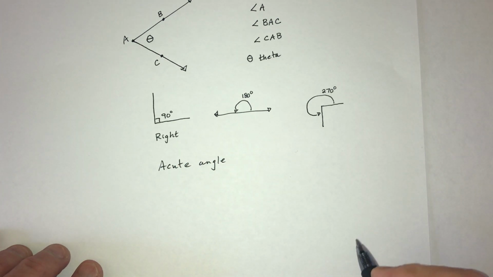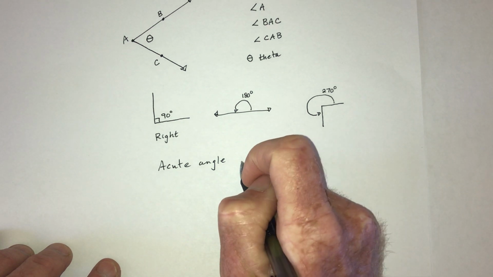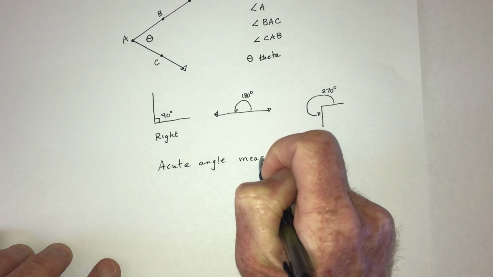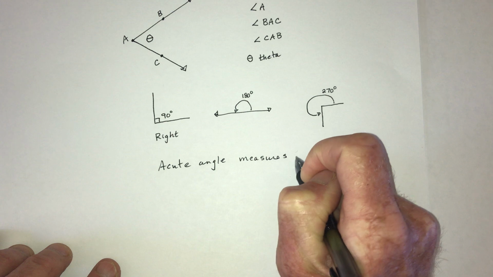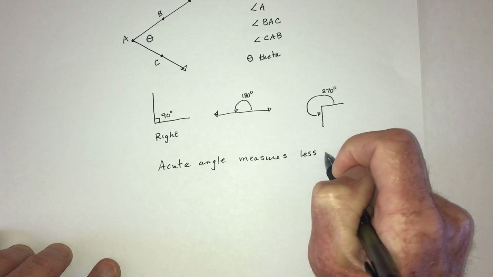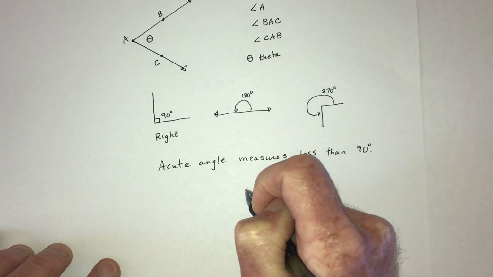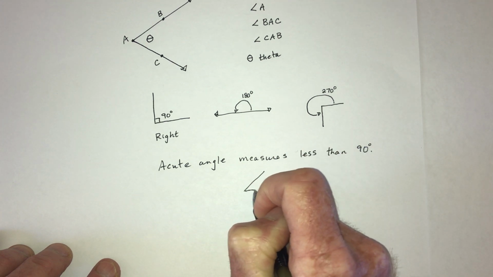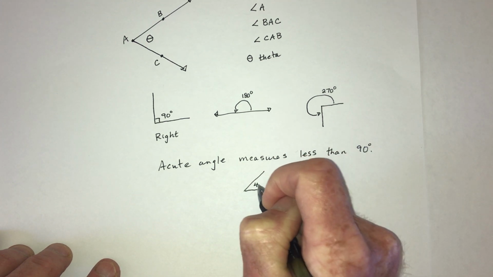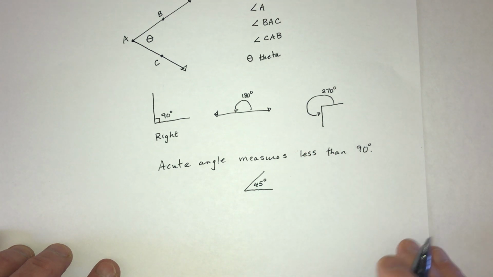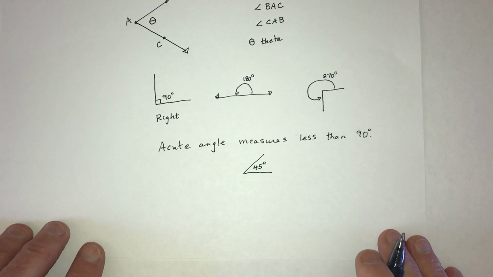Then some definitions. So an acute angle measures less than 90. So for example, this angle right here, that's approximately 45 degrees. That would be an acute angle.